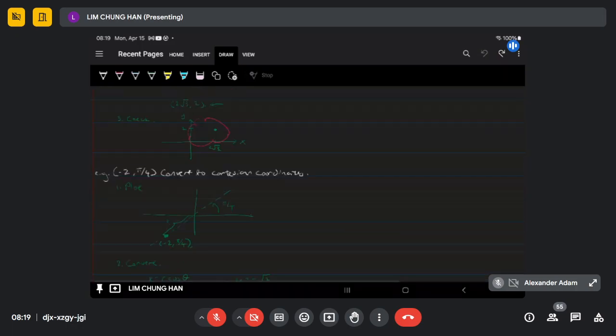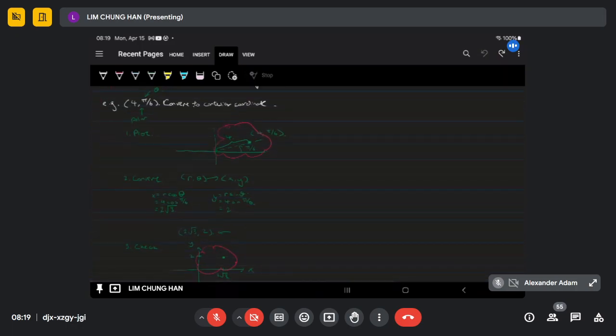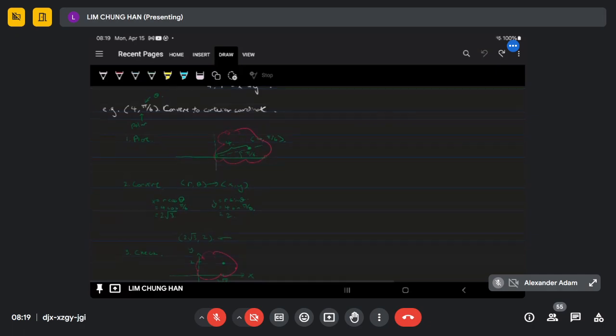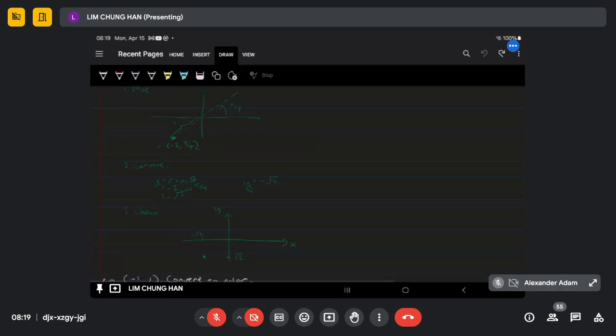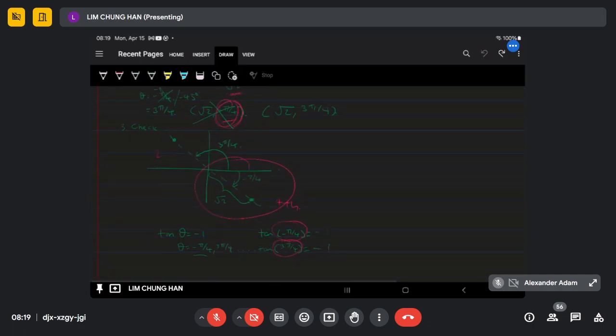I don't want to draw yet. We learned how to plot. So with polar coordinates, we can plot the points, and we can convert the points.